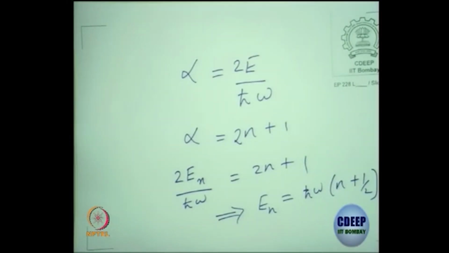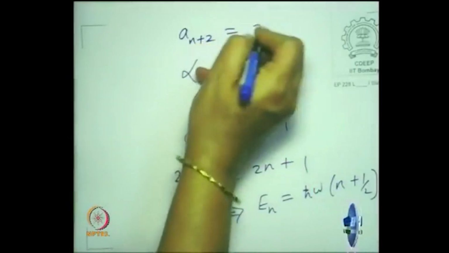So the solution is, if you want normalizable solutions, an infinite series for H of rho will not work, a finite series will work, and I can truncate wherever I want by putting an appropriate n. Here I started with A n plus 2 equal to 0. So what is the solution?